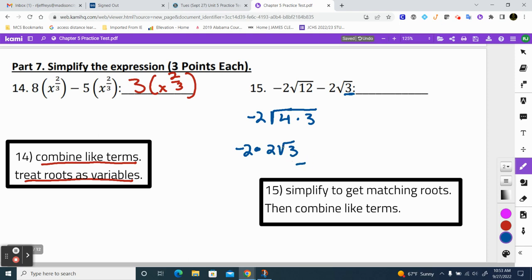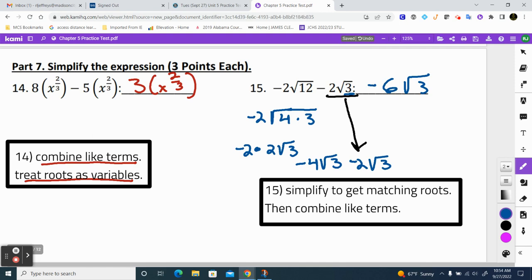So this gives us negative 4 root 3. And then I can bring this all the way down. So we know our answer is going to have a root 3 in it. What is negative 4 minus 2? Negative 6, yes. There we go.